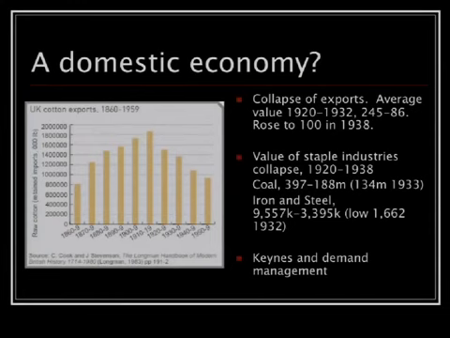And I've given you here figures on an index of the value of exports. So between 1920 and 1932, the average value of exports falls from 245 to just 86, and then rises very slowly to reach the 100 mark in 1938.